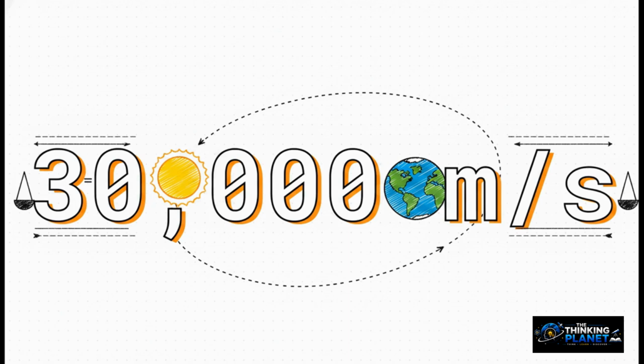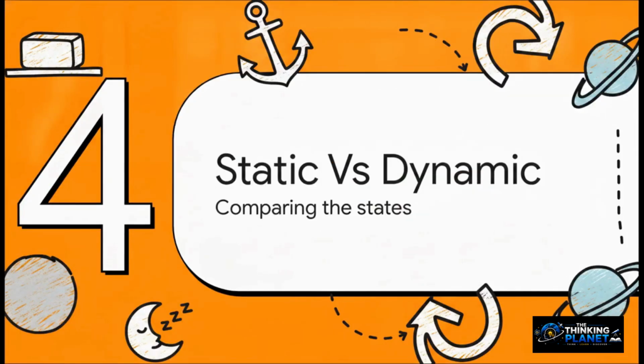Because that velocity remains essentially constant, the acceleration is zero, making the net force zero. Our entire planet is hurtling through space right now in a massive state of dynamic equilibrium. How cool is that?